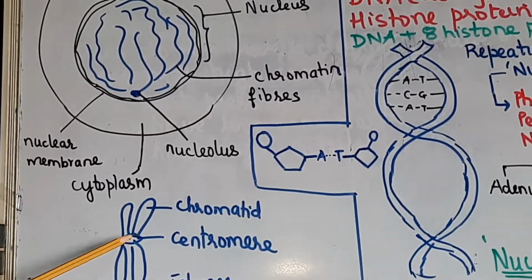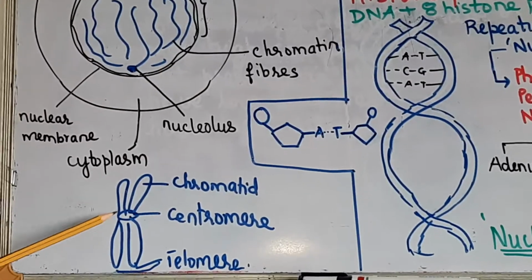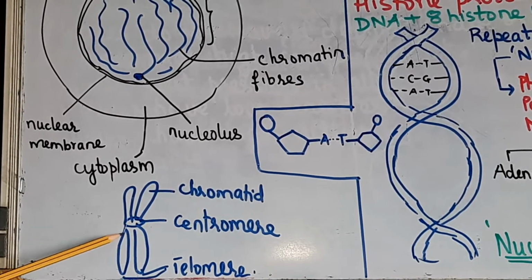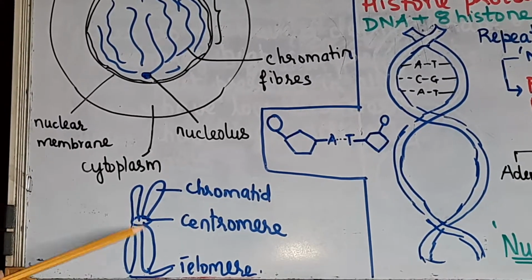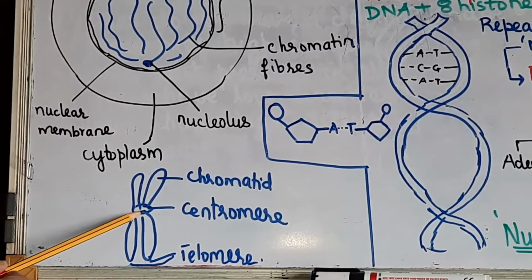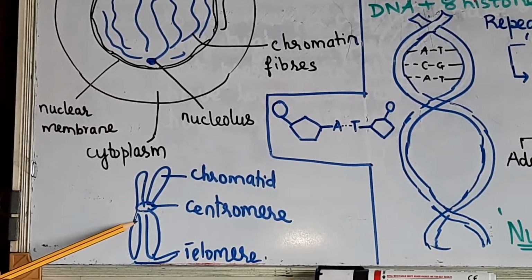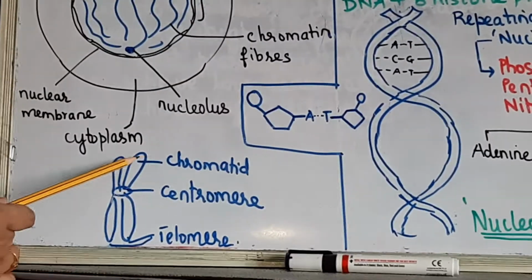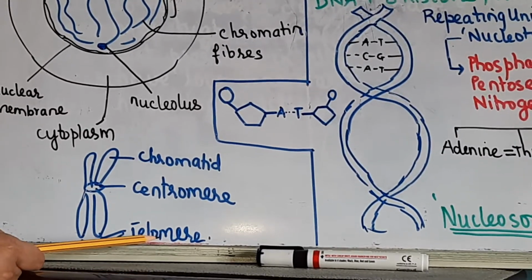What is this chromosome made up of? Each chromosome is made up of two chromatids. This is one chromatid, this is the other chromatid, joined at the centromere. The point of attachment of the two chromatids, also called sister chromatids, is the centromere, and the ends of the chromosome are called the telomere.